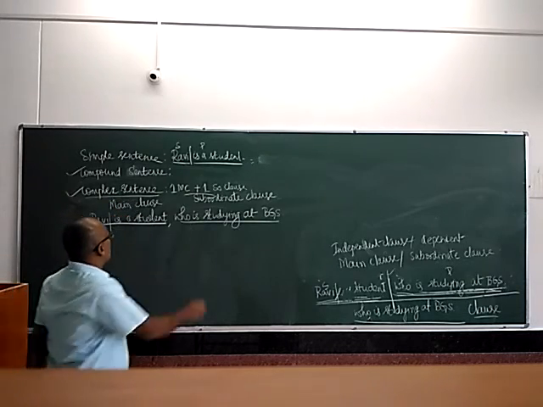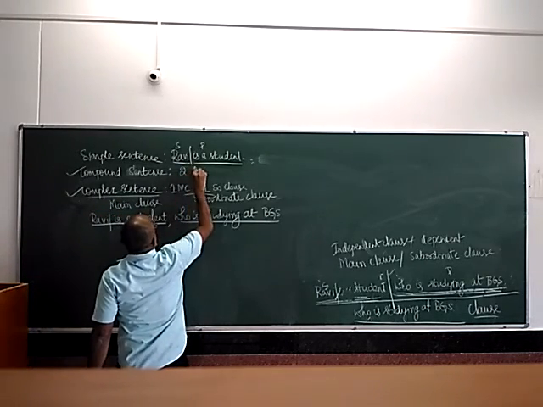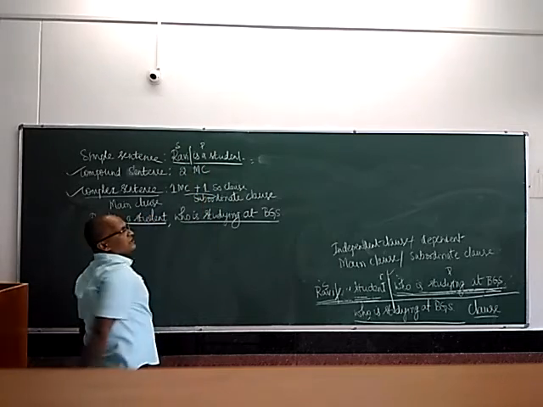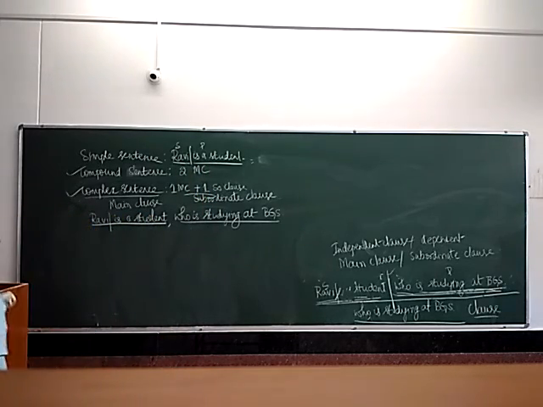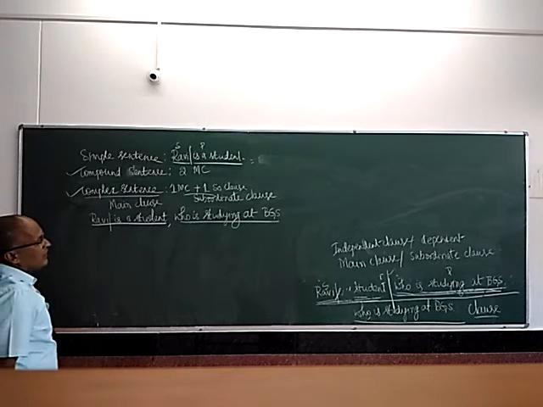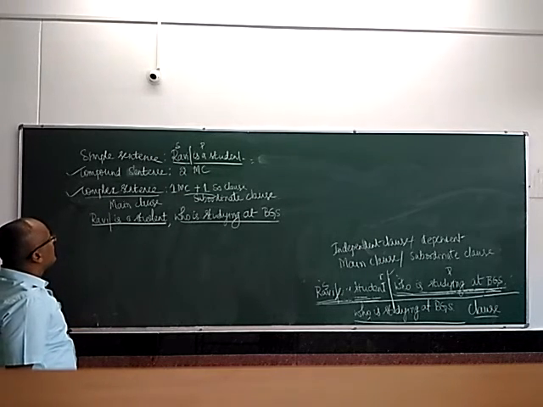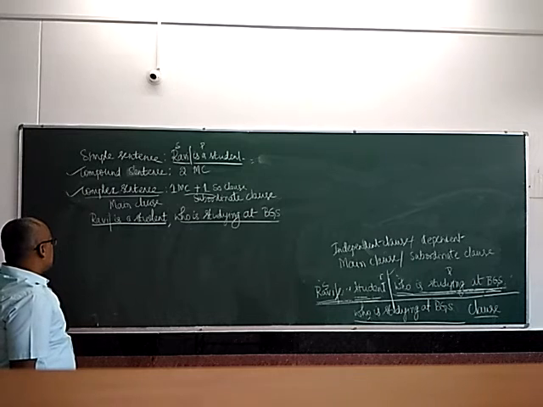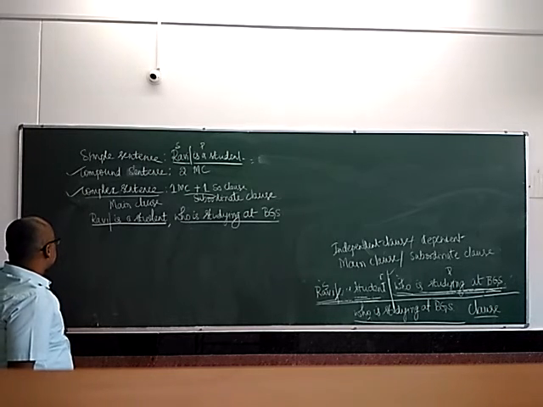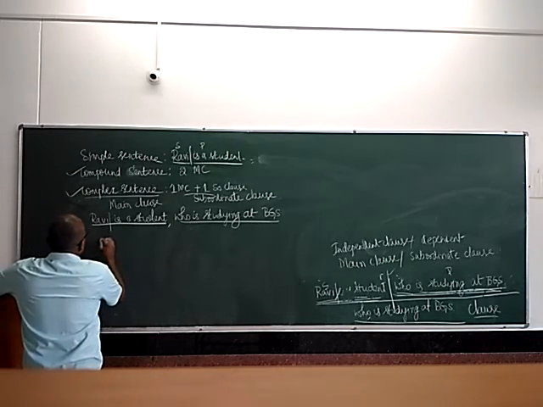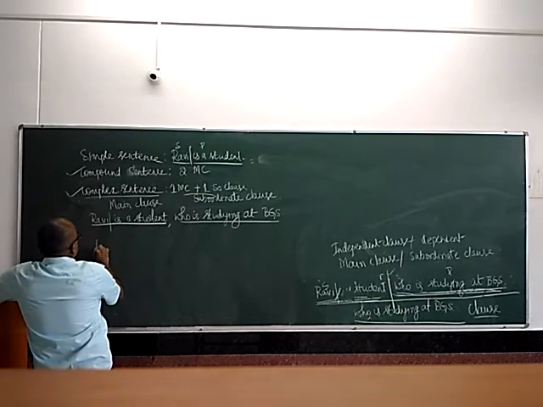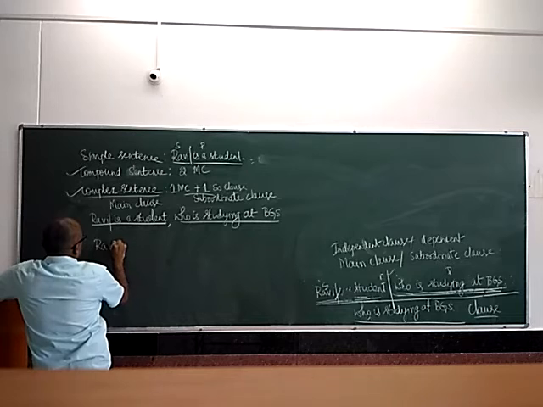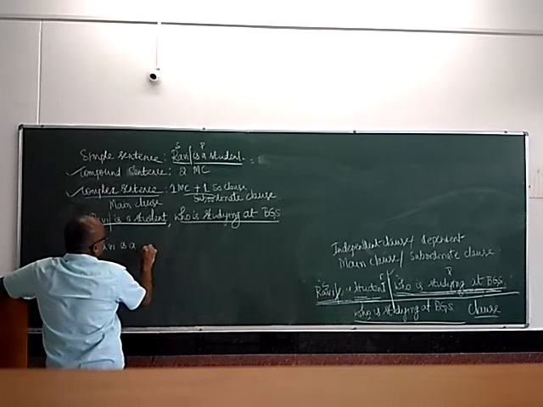Compound sentence means two or more main clauses will be there. All of them will be independent of each other. They don't depend on anything else for giving the complete meaning. Let us see one example for that.